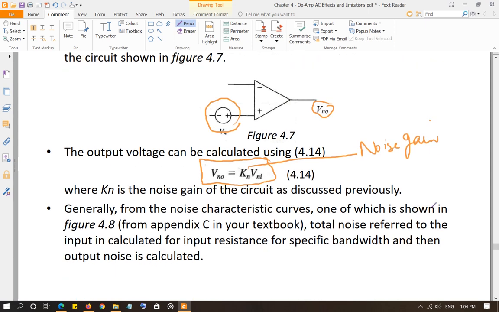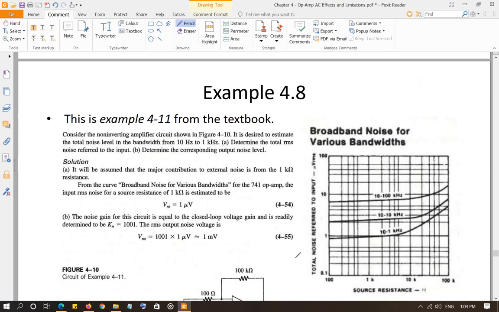Now in your textbook, Appendix C, you have two different graphs that deal with the noise, and they're using one of them, which I also copied over here in example 4.8. This is total noise referred to the input in microvolt RMS value versus source resistance, and there are three sets of lines here, as you can see, and each represents a different band of frequencies: 10 to 1 kilohertz, 10 to 10 kilohertz, and 10 to 100 kilohertz.